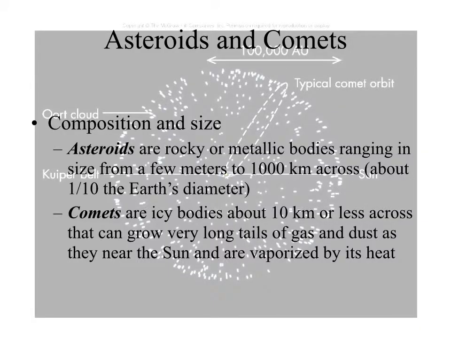The next set of things contained in the solar system are asteroids and comets. Composition and size: asteroids are rocky or metallic bodies ranging in size from a few thousand kilometers across to 1/10 of the diameter of the Earth.